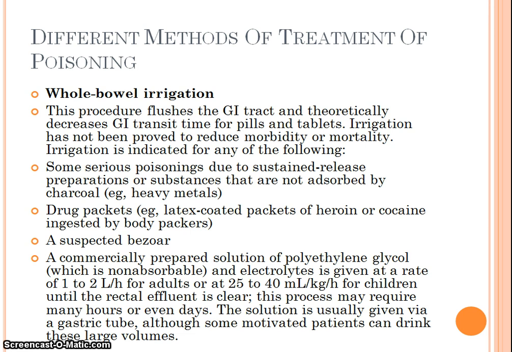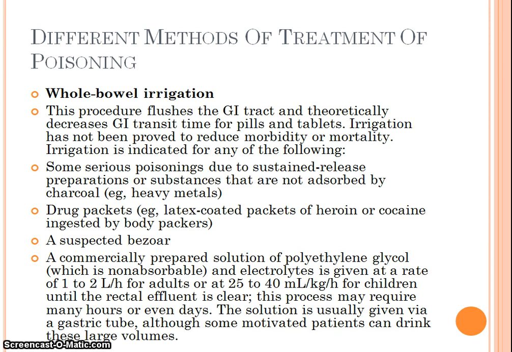Whole bowel irrigation. This procedure flushes the GI tract and theoretically decreases the GI transit time for pills and tablets. Irrigation has not been proved to reduce morbidity or mortality.